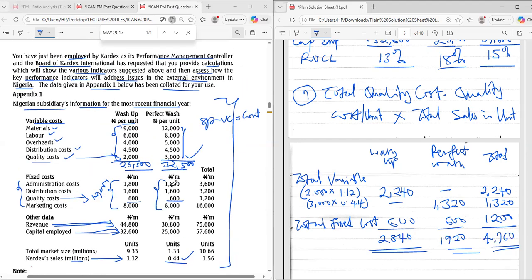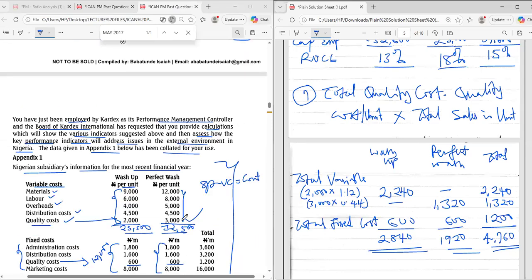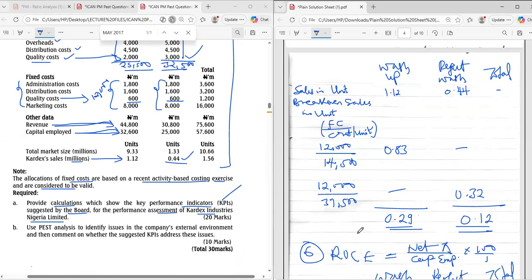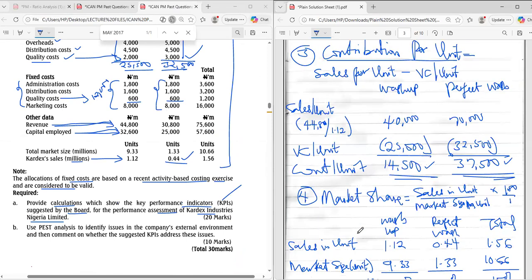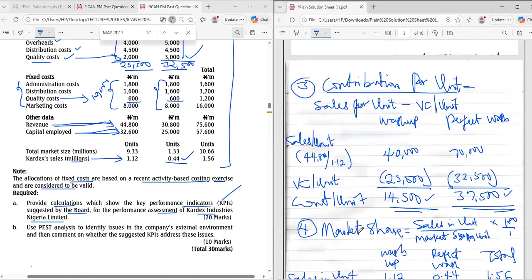Okay, we are done. How do you see the question? For most of these ratios, apart from the return on capital employed, like this total quality cost, from the notes that were given, they didn't state it there. There's no textbook that is complete. I've told you, there's no textbook in the world that I have read that has all the ratios.